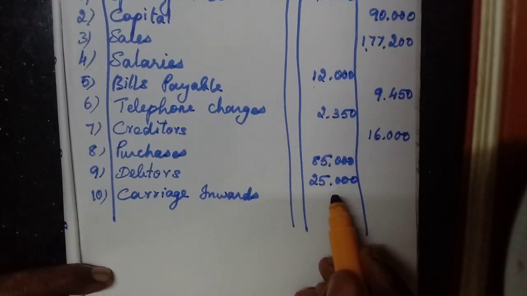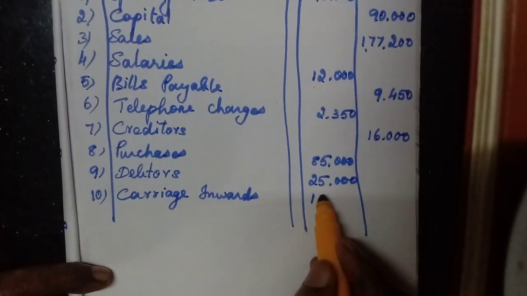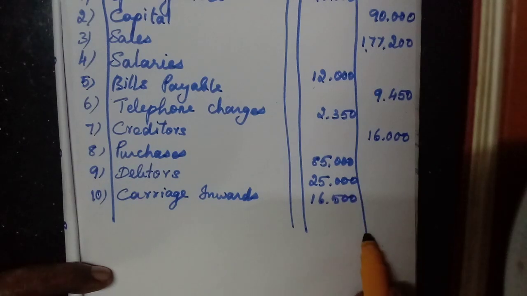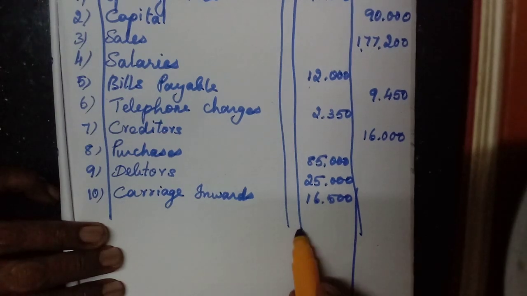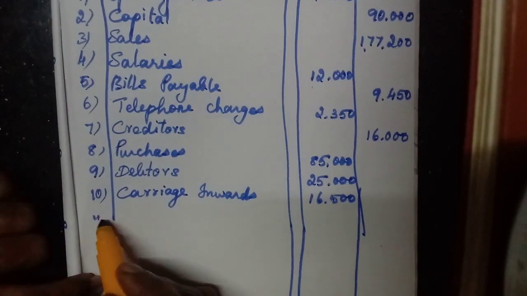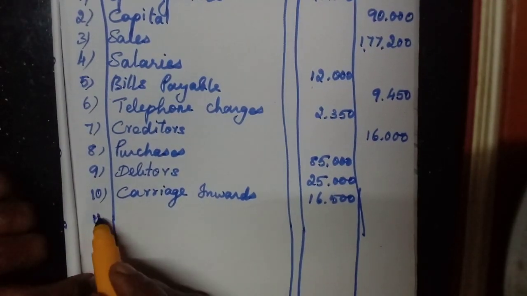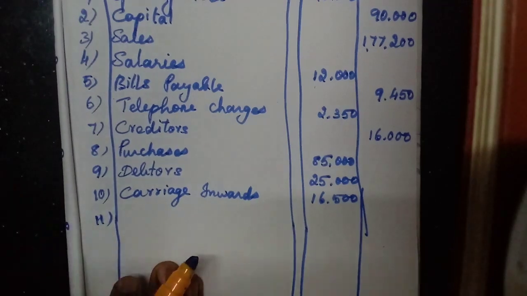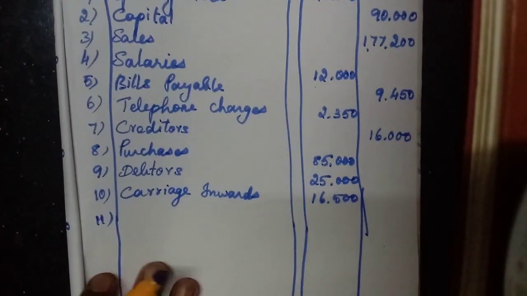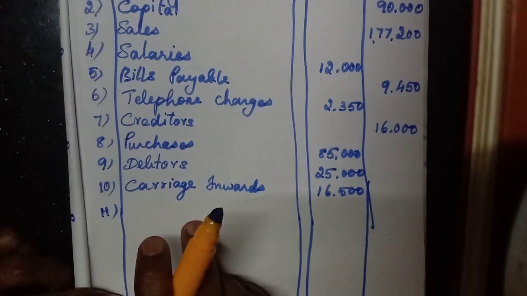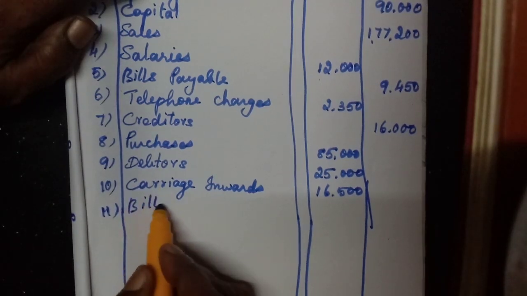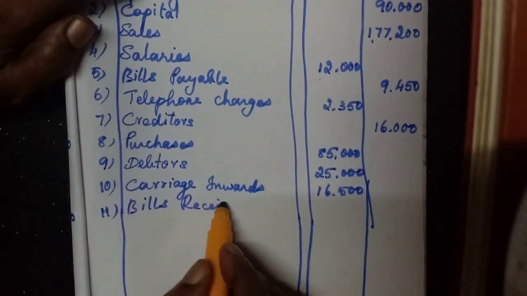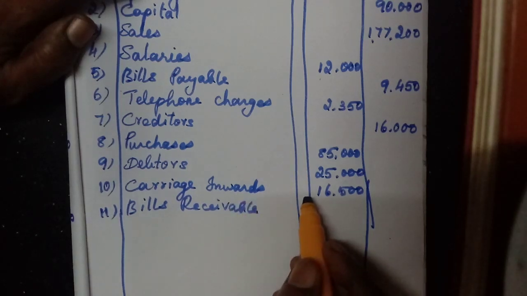It is an expense. Okay, debit. 11. Bills receivable. Bills receivable is an asset. So debit 20,000.